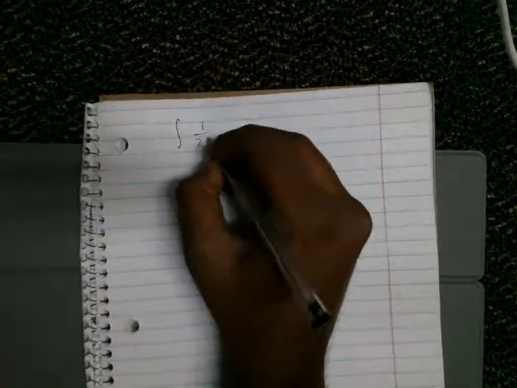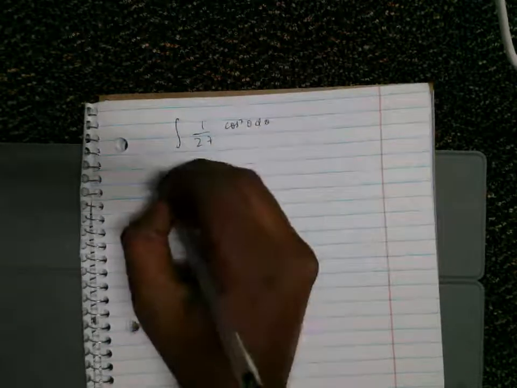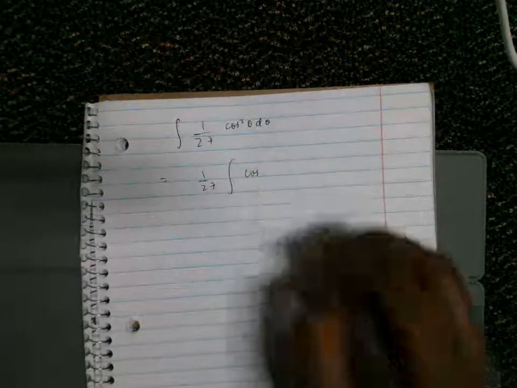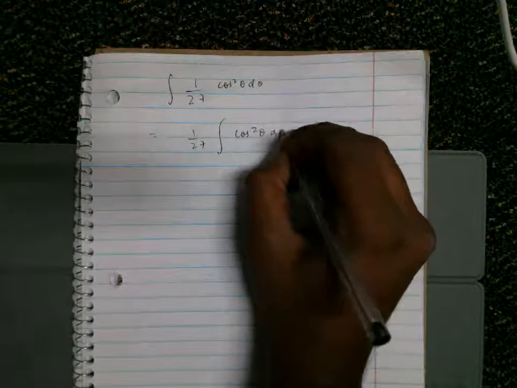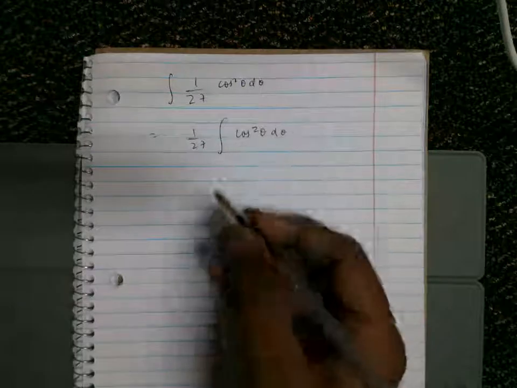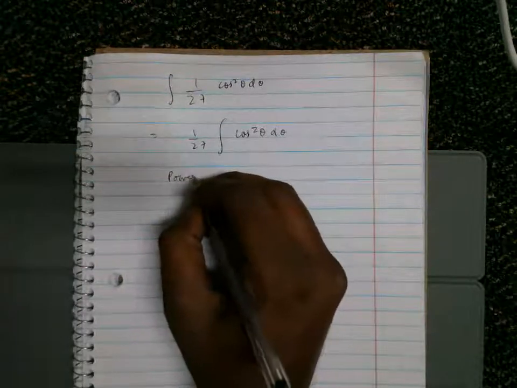So we have integration 1 by 27 cos square theta d theta. So remember, when we have an even power of trigonometric function, like sine square or cos square, we need to use the power reducing formula.